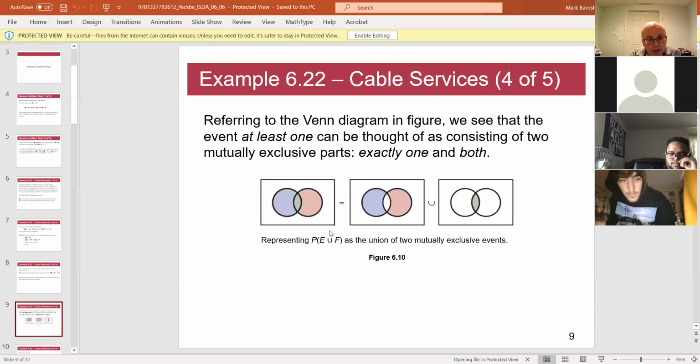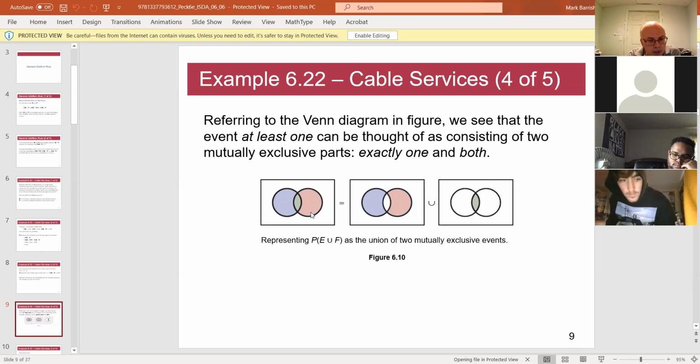How do you represent these types of problems? You use what's called a Venn diagram. So the probability that you have at least one means that you either have one or the other or both. Does that make sense? At least one means the internet, the telephone, or both. Now, the circle on the left could be the internet.